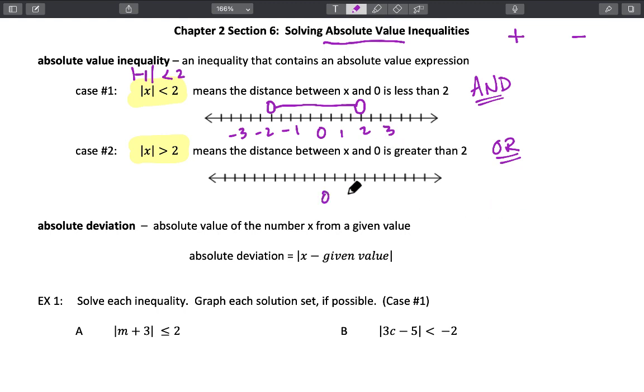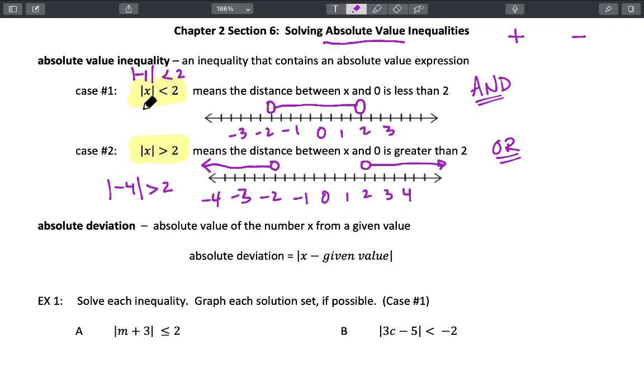If we number our number line here again, just like we had above, then we graph an open circle at 2 and everything to the right, or an open circle at -2 and everything to the left. Again, if you were to take, for example, -4 and substitute it in for x, the absolute value of -4 is greater than 2.